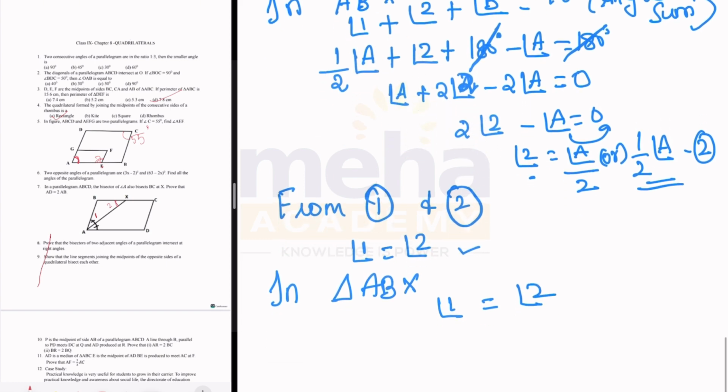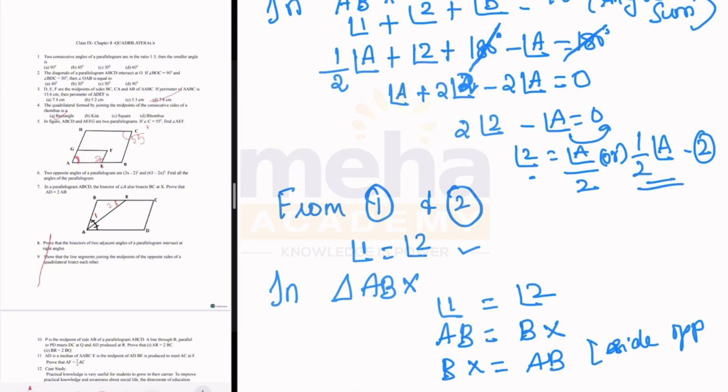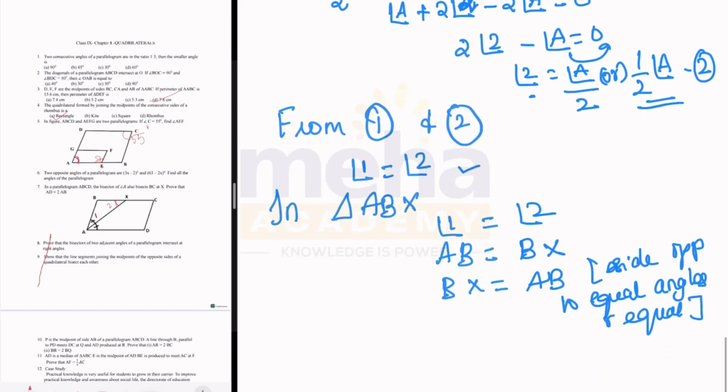If that is the case, then the side AB will be equal to BX. So BX will be equal to AB because in a triangle, sides opposite to equal angles are equal.